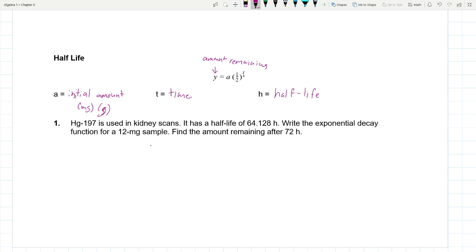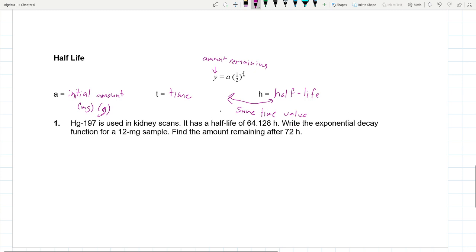One thing I didn't mention that I should have is that these times need to be the same time value. A lot of times you can't change the half-life time value very easily. It's going to be something wacky like this 64.128. But the time value you should be able to change. Like if the half-life was in hours and the time we were talking about was in years, you'd be able to convert from years to hours pretty easily.